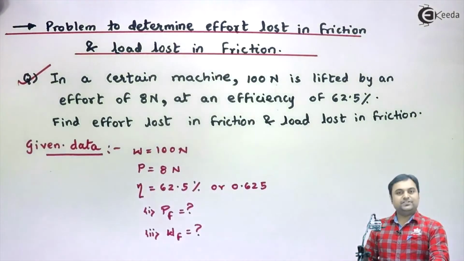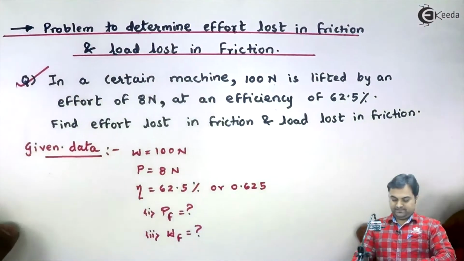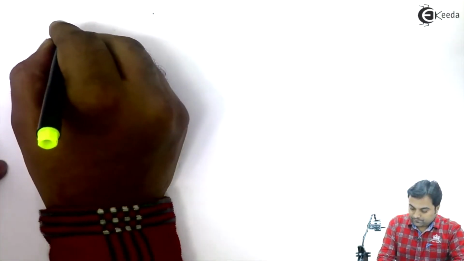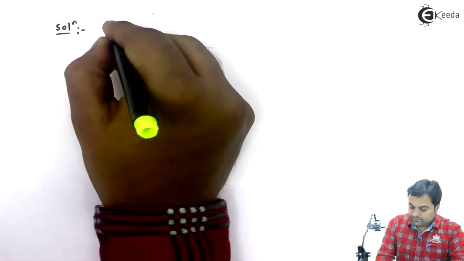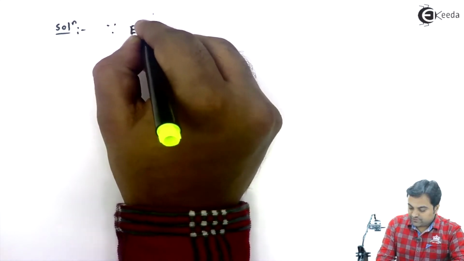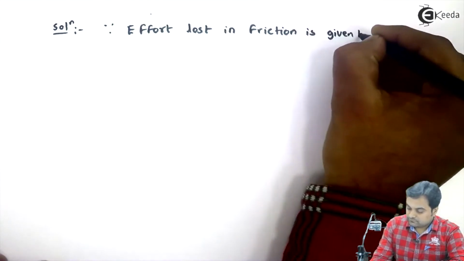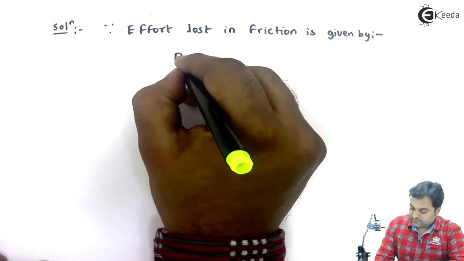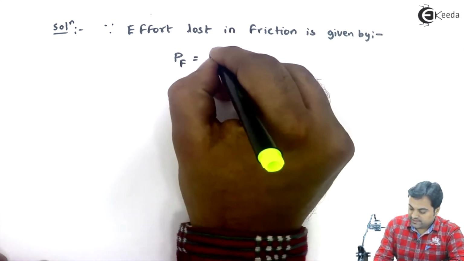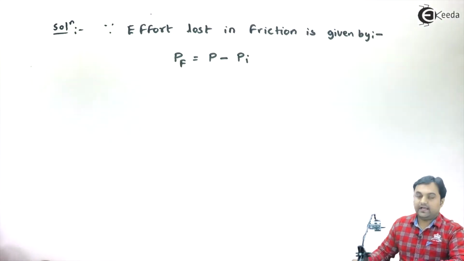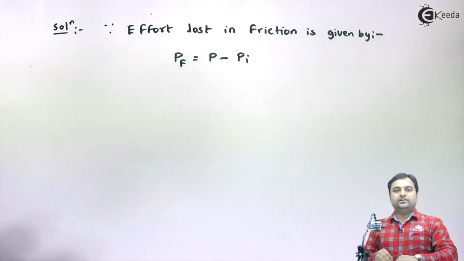Now let us start with the solution for this problem. Since the first question is effort lost in friction, I'll start with that. Effort lost in friction is given by the formula: actual effort minus ideal effort, because we know that actual effort will be more and ideal effort is less.